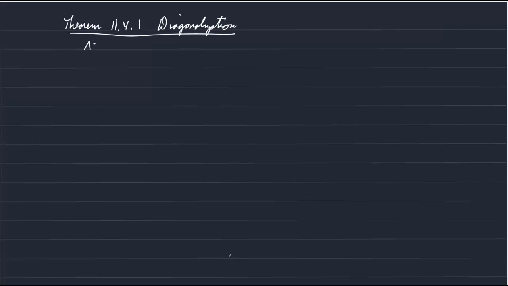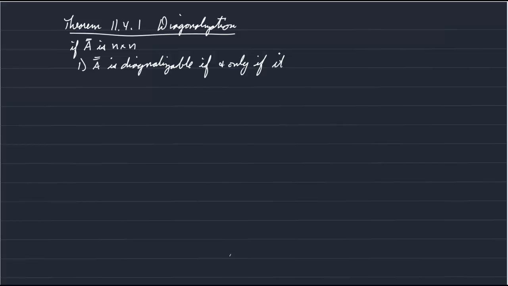And it states that if A is square, has dimension n by n, then A is diagonalizable if and only if it has n linearly independent eigenvectors.